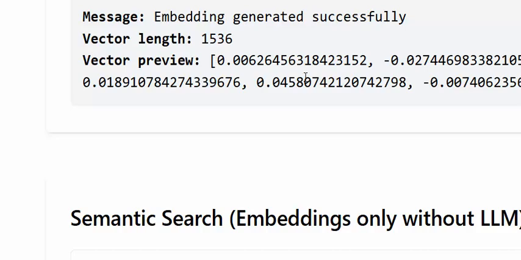Every number is a result of neural network statistics, the result of 20,000 parameters. 20,000 parameters calculate statistics in a neural network, and the result is the embedding vector with 1536 members.